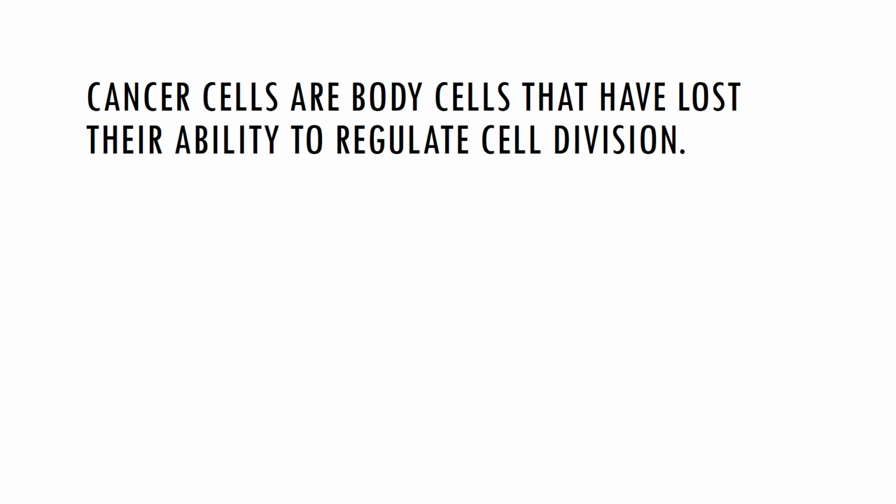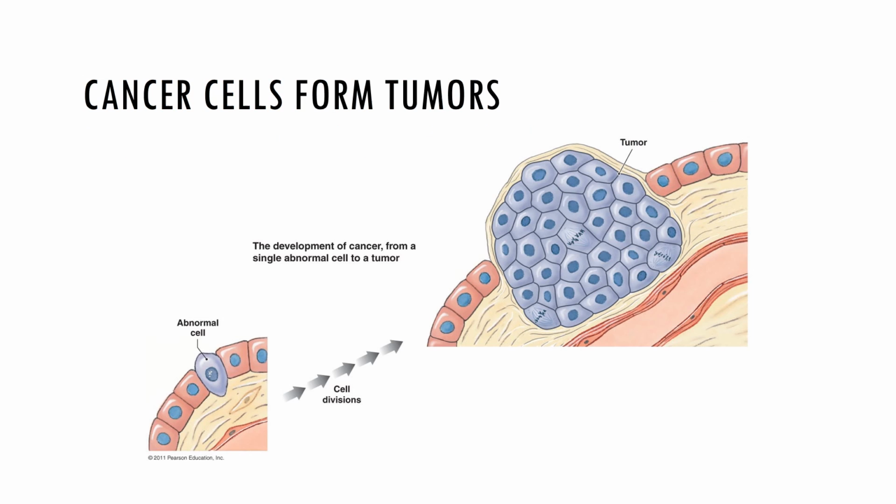Now, cancer cells are body cells that have lost their ability to regulate cell division. And cancer cells can form when some part of the cell cycle goes awry. Cancer cells can form from tumors. Tumors can either be benign or malignant.